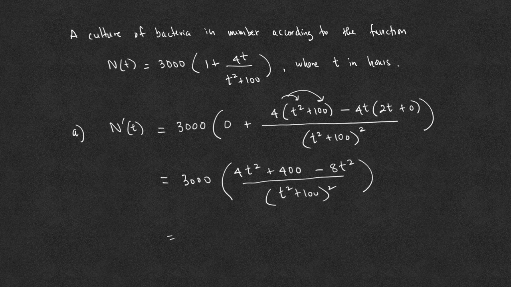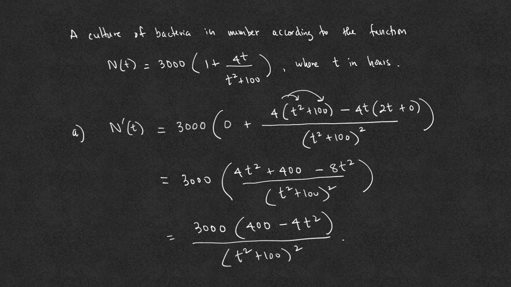And so this is 3000 times 400 minus 4t squared, because 4t squared minus 8t squared is negative 4t squared, over t squared plus 100 squared. This is the rate of change of the bacteria in number.